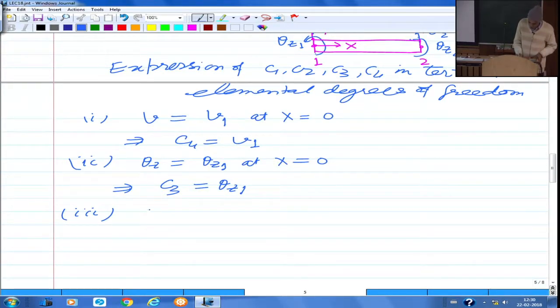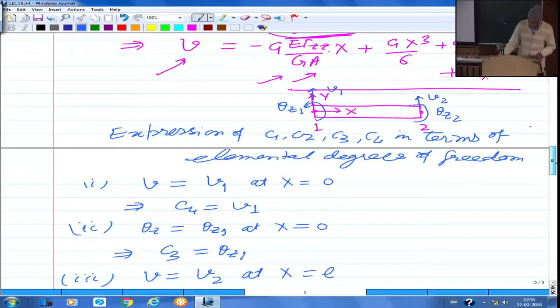This will of course give you a bit more complicated equation. So C3, C4 you have already got; what is left out is only C1, C2. So this equation will be giving you, say, V2 in terms of these constants.